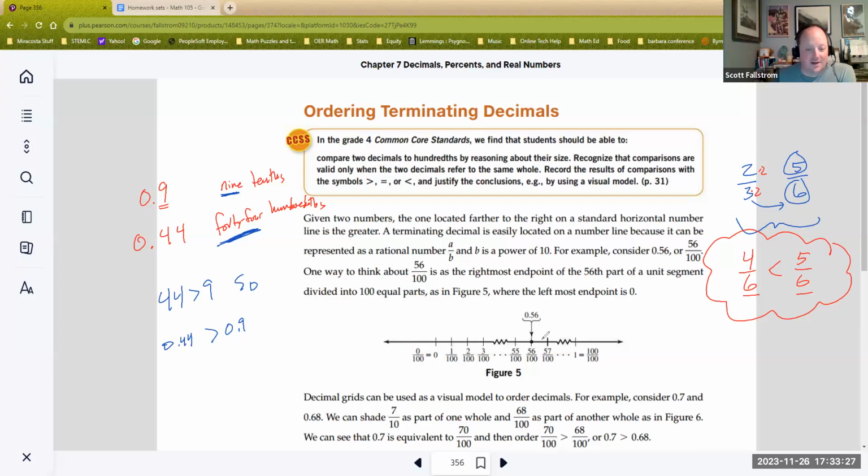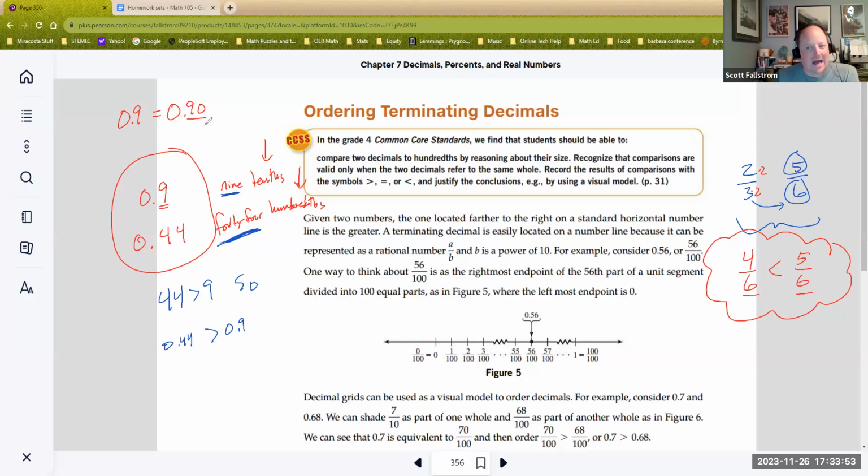The same concept holds true when you come back to what the student was struggling with. We are not comparing like objects. One is tenths and one is hundredths. Okay. So we would need to say, I need to convert this. So the 0.9, the 9/10 would be the same as 90/100.